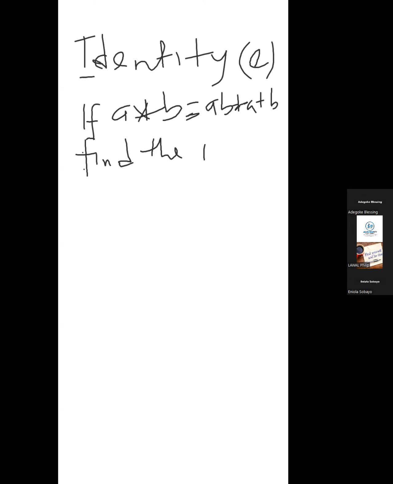This is a binary operation. Find the identity element.